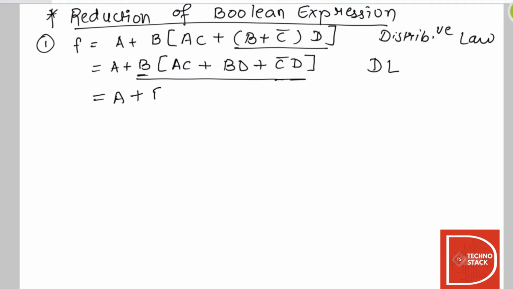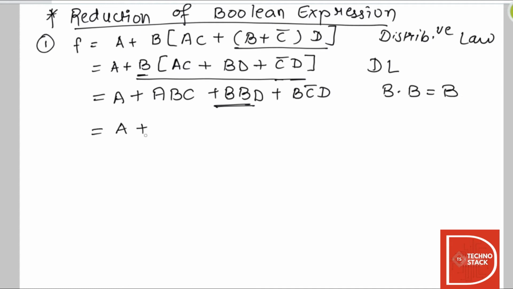a + abc + bbd + bc̄d. Now, as you all know, b into b, that is b and b, is equal to b. So this becomes a + abc + bd + bc̄d.